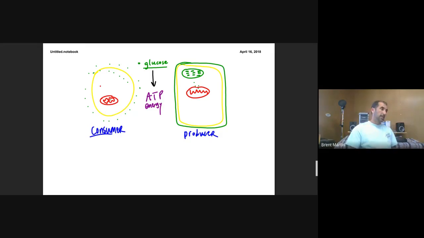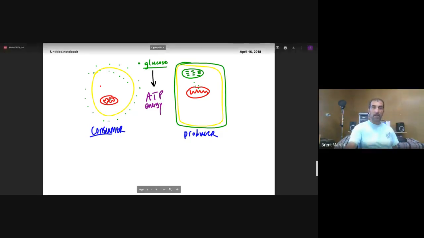It then gets into my bloodstream, and the concentration of sugar in my bloodstream gets very, very high, which is outside the cell. The concentration is obviously low inside the cell because I don't have a lot of energy. And that glucose will diffuse into my cell, going from high concentration to low concentration, and then end up moving into a mitochondria where it will make ATP. So if you're an animal, you consume to get your glucose.